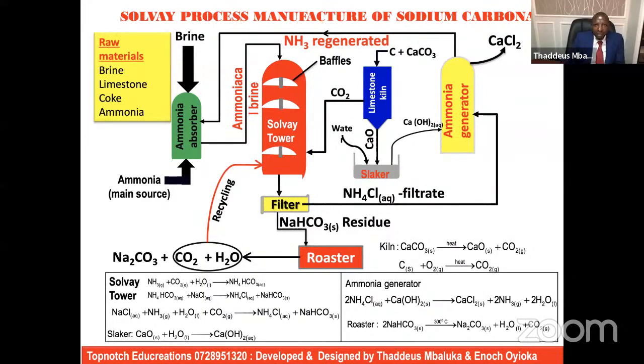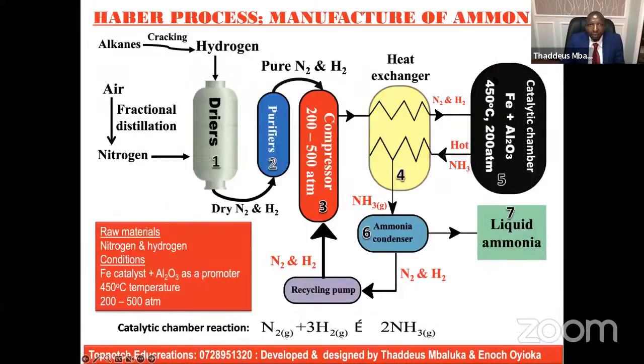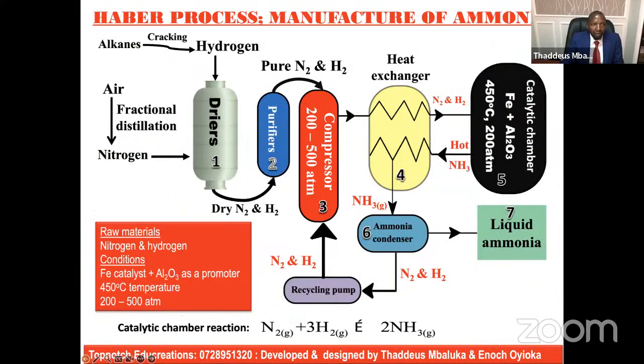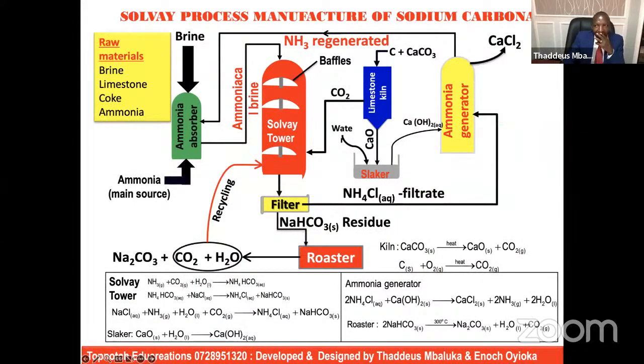So we have industrial manufacture of that. So let's look at that, and we want to see the industrial manufacture. So in that kind of a scenario, we have the raw material and we have the ammonia absorber.